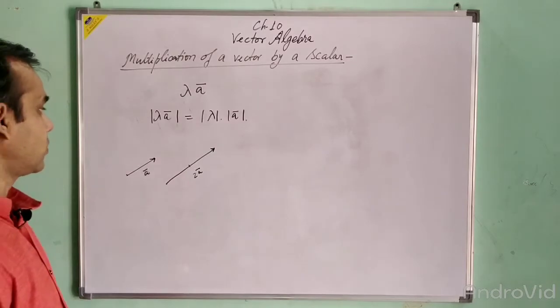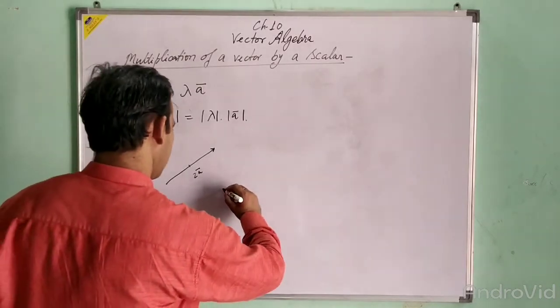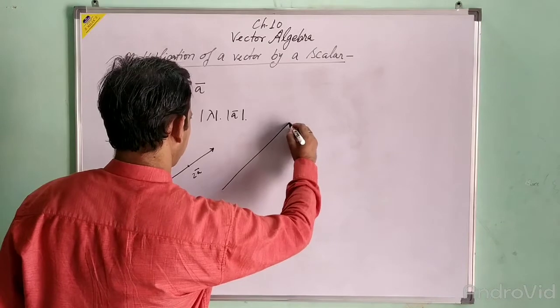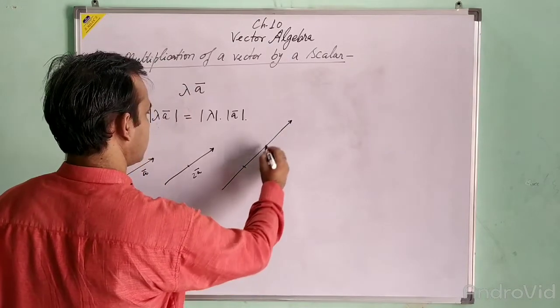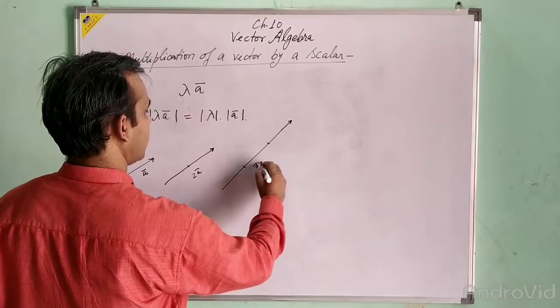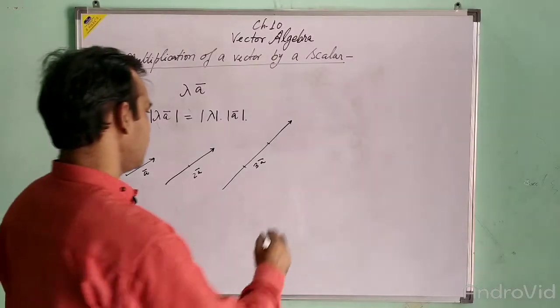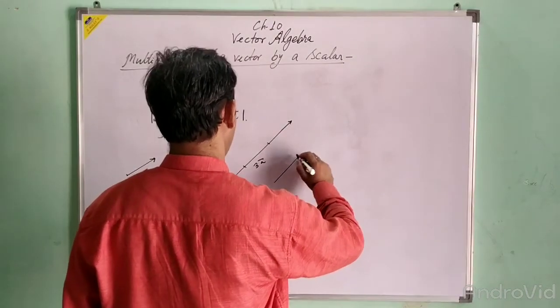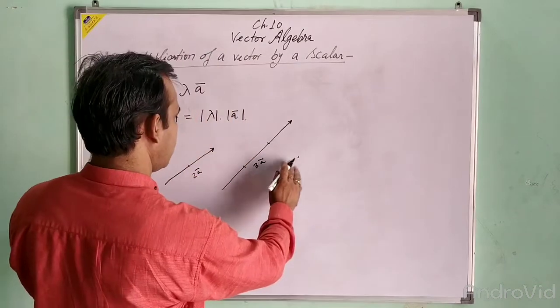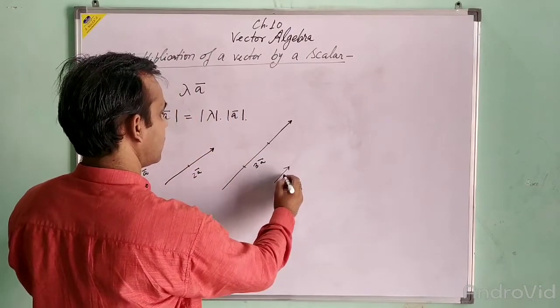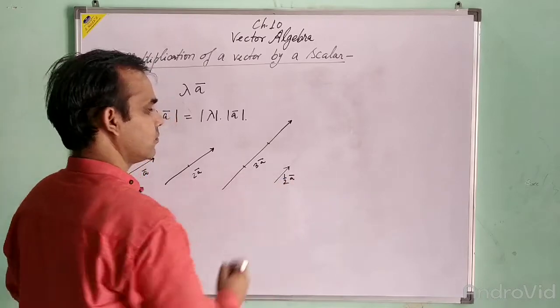If we want to make 3A vector, then the same 3 times, 1, 2 and 3, it is 3A vector. What about half A vector? Means the same direction, but the length will be just half of this, it is 1 by 2 A vector.